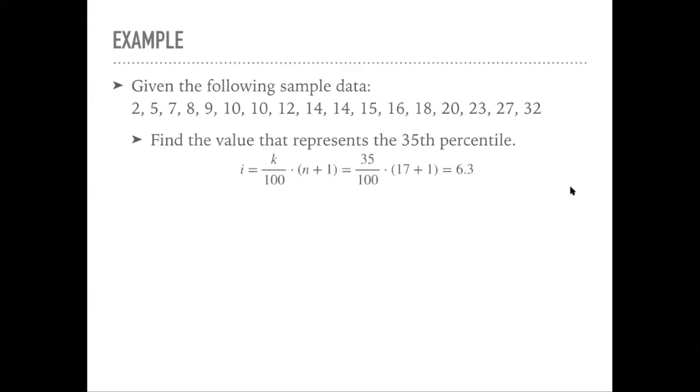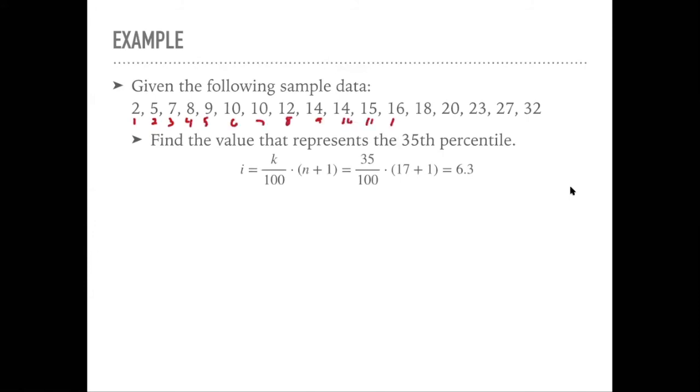So I equals k over 100 times n plus 1. That's 35 over 100 times 17 plus 1. So 35 divided by 100 times 18 gives us 6.3. What that tells us is we need to look at the 6th position and the 7th position. Counting along, we have 1, 2, 3, 4, 5, 6, 7, 8, 9, 10.